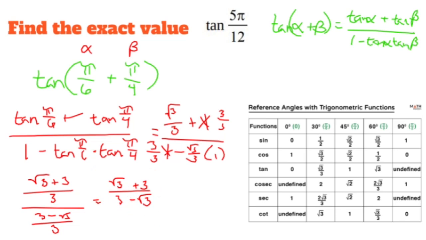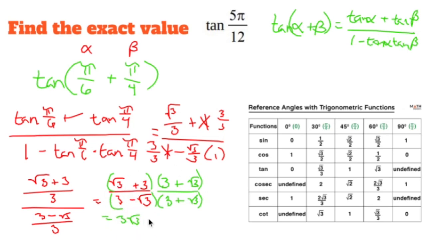Now, my issue here is that I have a root in the denominator, and that's no good. So I'm going to use the conjugate, which is the difference of squares idea, and multiply the top and the bottom by 3 plus root 3. What that does is eliminate the middle terms. So this foils out, and the top gives me root 3 times 3 is 3 root 3.